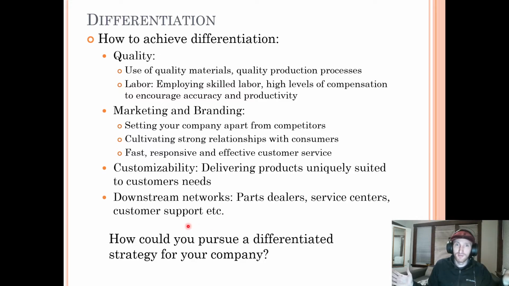All different ways of differentiating your company. Okay. So how would you, and again, a good thought experiment here is if you were your particular company or maybe a company that you have in your head, how would you pursue a differentiation strategy for that particular company? Okay. So pause. Think about that question for a little bit before we move on here.